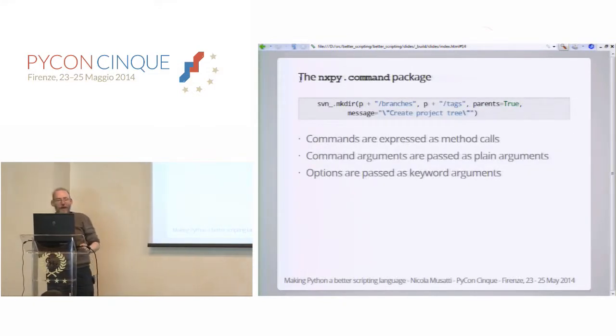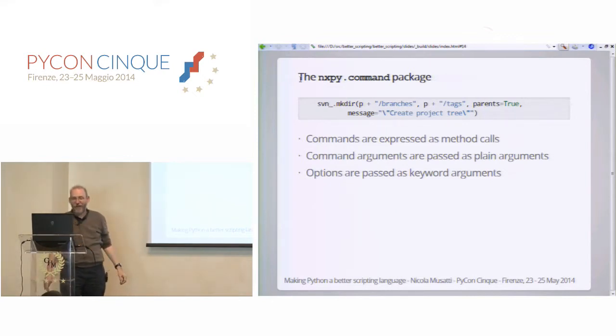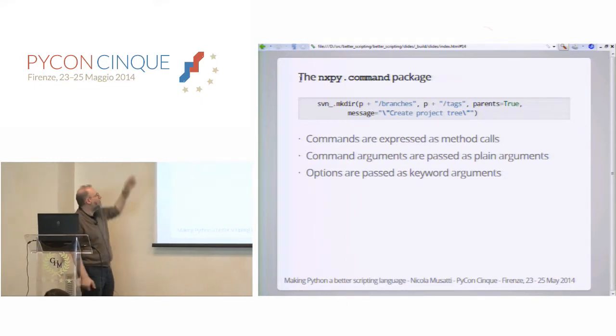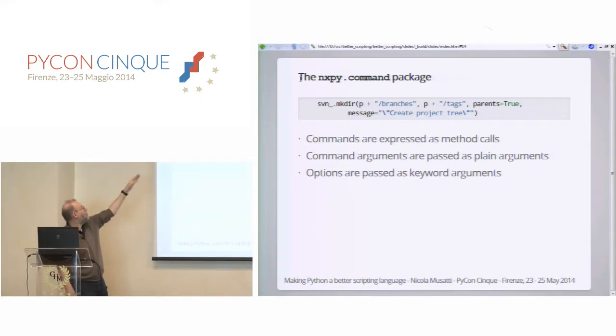So my nxpy command package provides means to wrap commands so that you can express them as method or function calls, express their arguments as function arguments, and express options as keyword arguments.